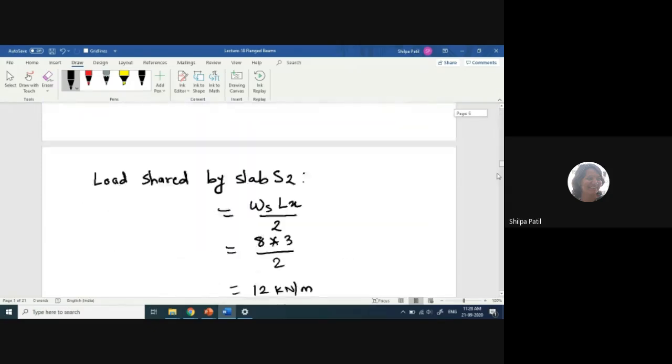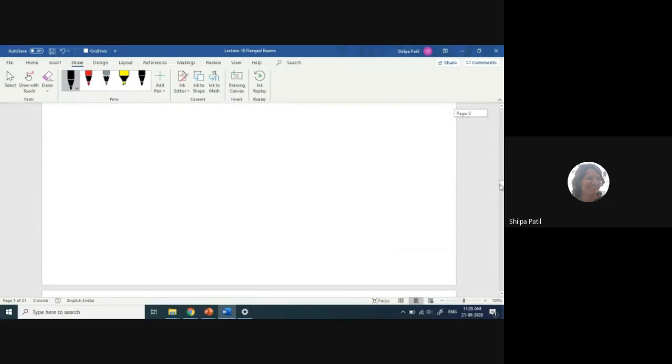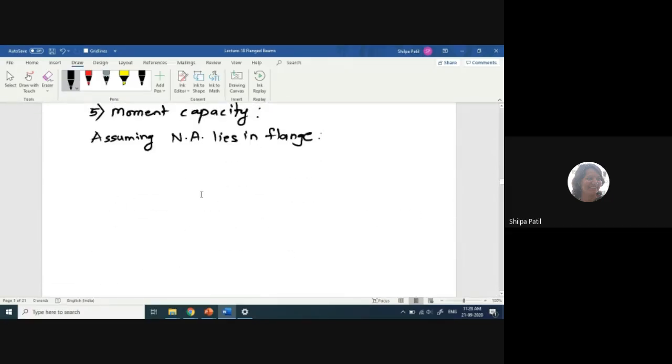So for the further calculation, when we assume that the neutral axis lies in the flange, take Xu equal to Df, that is the depth of the flange, which is equal to 120 mm here in our problem. Now, as the neutral axis is in the flange, our Mur formula is the same one which is for a rectangular singly reinforced beam.